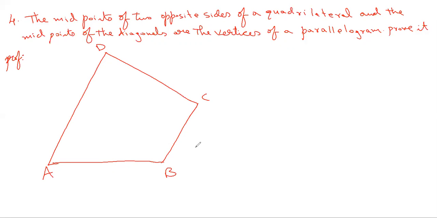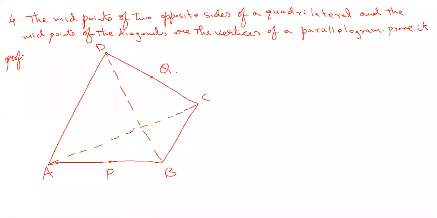Any two opposite sides you can take. So you can take this midpoint, let us call this P, and this midpoint, let us call this Q. And then take the diagonals. The diagram is not to scale, so when you take the midpoint, it may not be exactly the midpoint. That's why in the final diagram you may not get an accurate one.